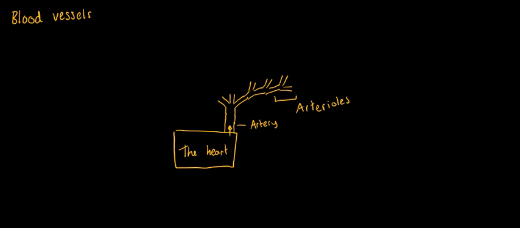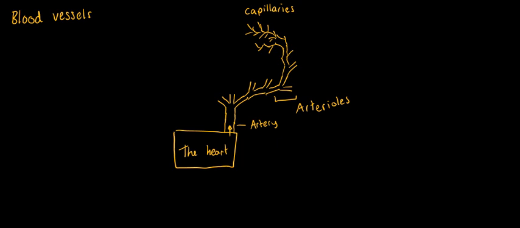And then from our arterioles, we're going to have blood enter smaller vessels, which are very thin. And these vessels are the ones that line the cells and tissue in the body. And these are our capillaries.